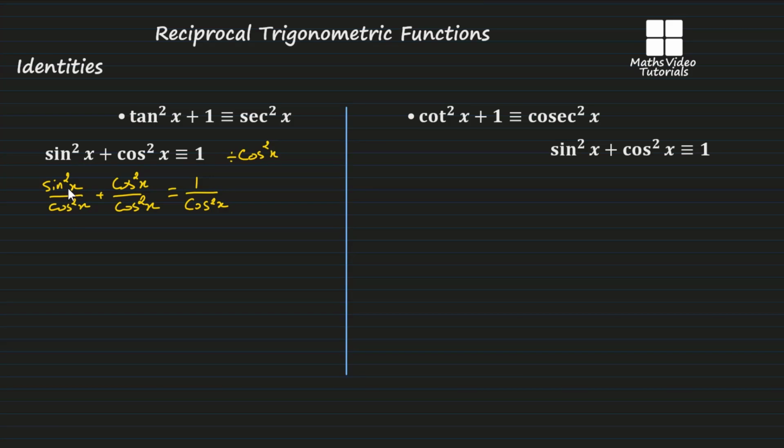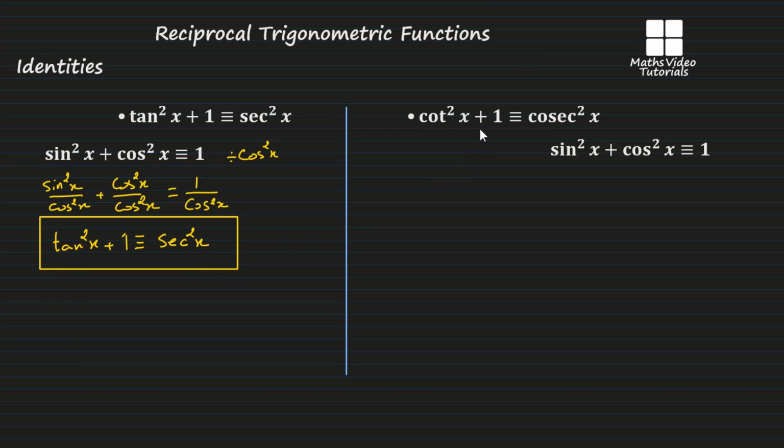So therefore, sine squared over cos squared will be tan squared. And cos squared divided by itself, of course, is going to be 1. Therefore, 1 over cos we know is sec. So therefore, 1 over cos squared will be, of course, sec squared. And that's how you prove the identity.